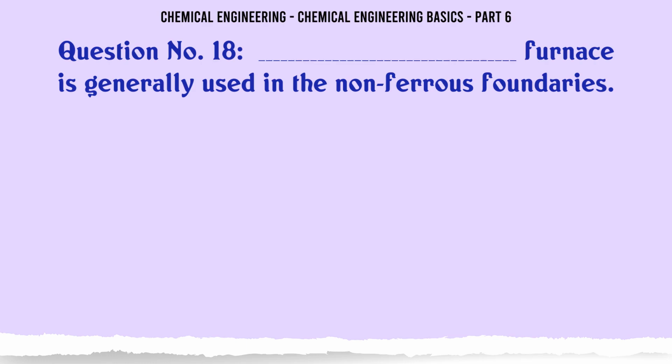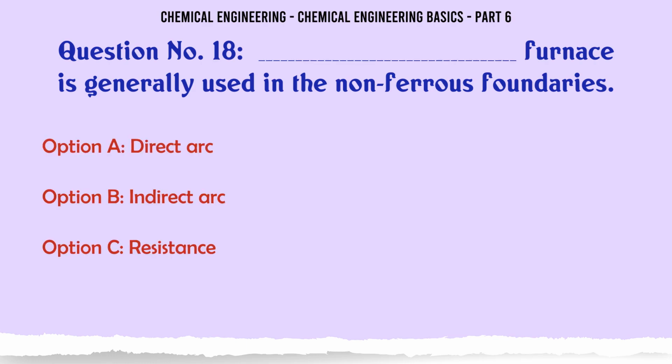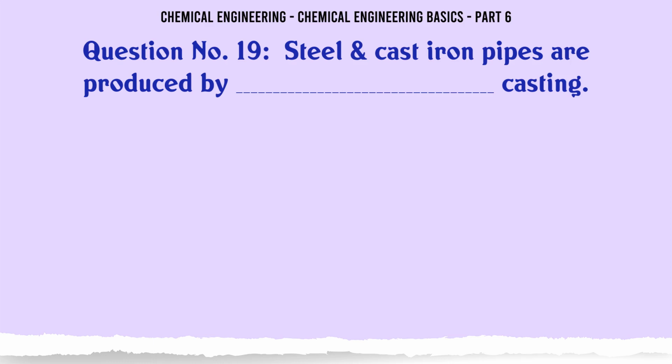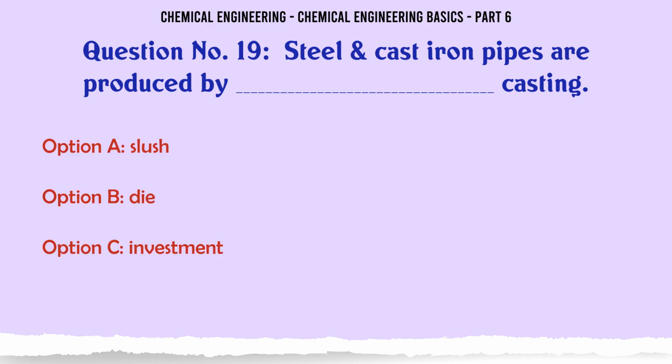Which furnace is generally used in the non-ferrous foundries? A. Direct arc. B. Indirect arc. C. Resistance. D. Induction. The correct answer is indirect arc. Steel cast iron pipes are produced by casting. A. Slush. B. Die. C. Investment.